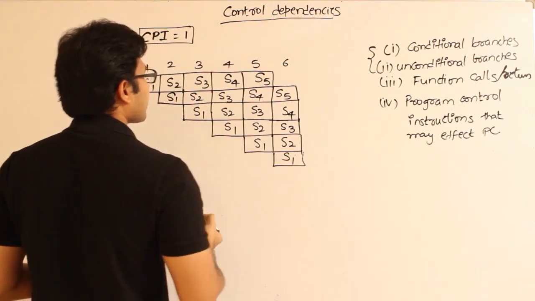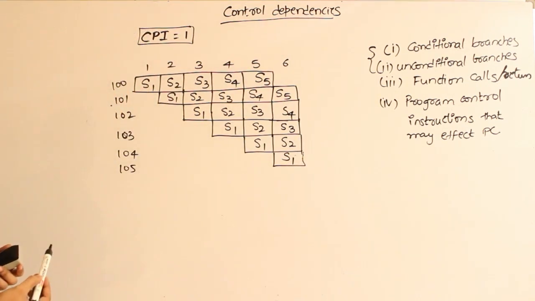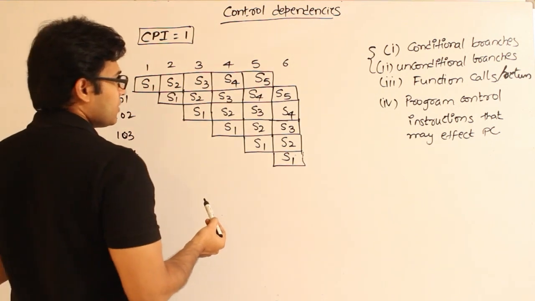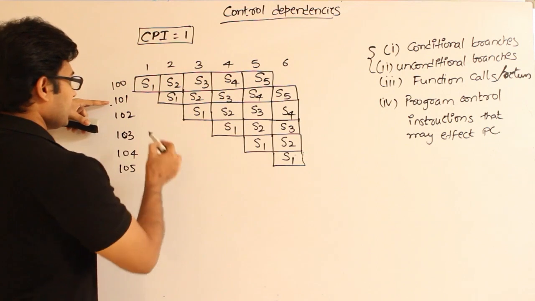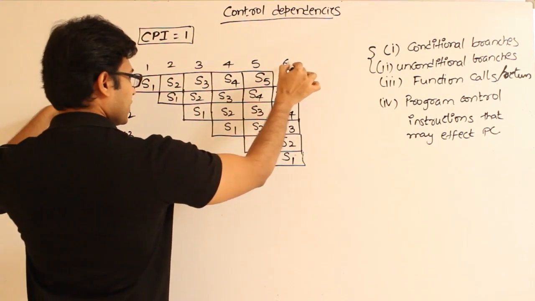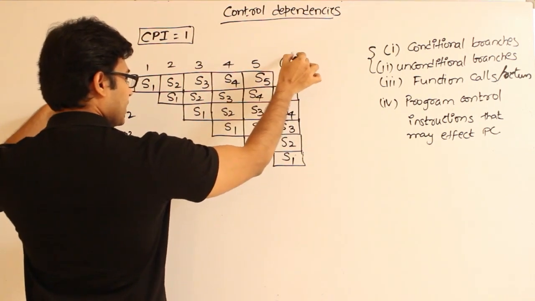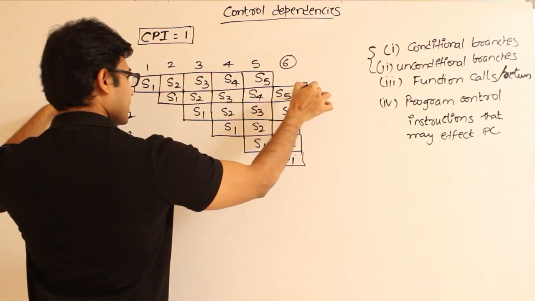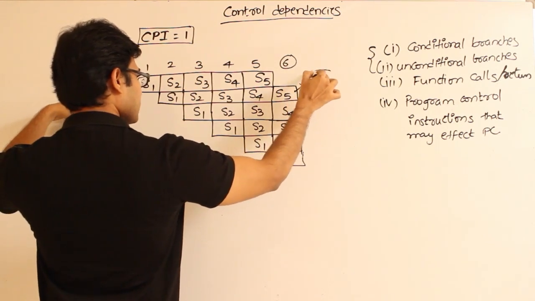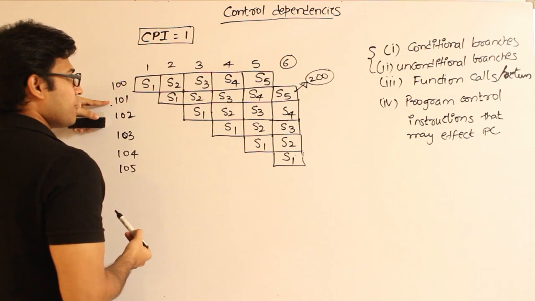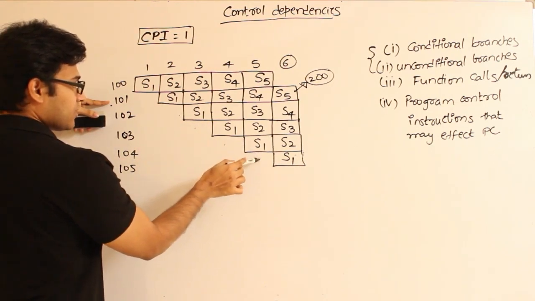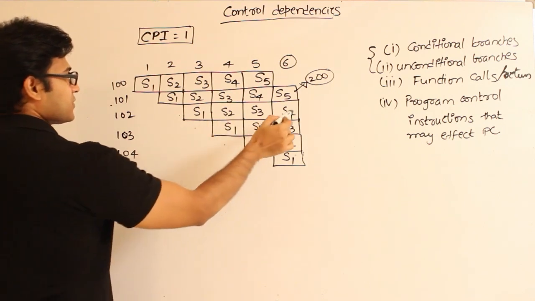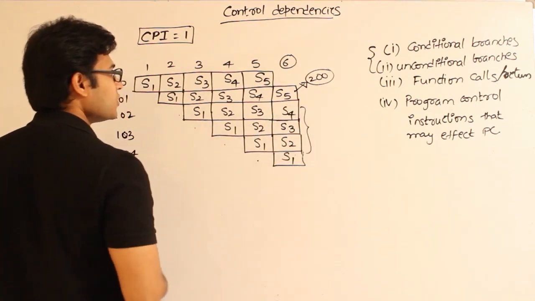So S1. Now if you observe it, by the time we know what is the next instruction after the instruction 101, at clock 6, let us say here we found out that the next instruction has to be 200. By that time we have actually fetched and completed all these instructions, right? Now what should we do with this?